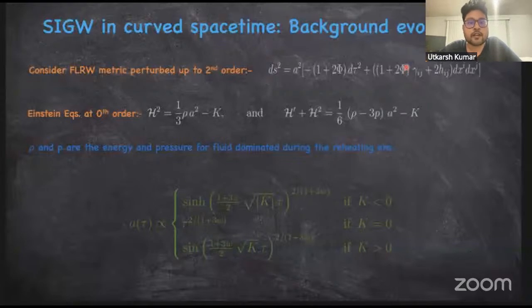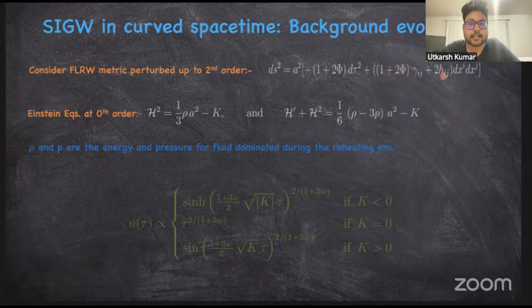In this background, capital Phi is the Newtonian scalar perturbation, and h_ij is the tensor perturbation. At zeroth order, one can write down the Einstein equations, the first and second Friedmann equations, as follows.